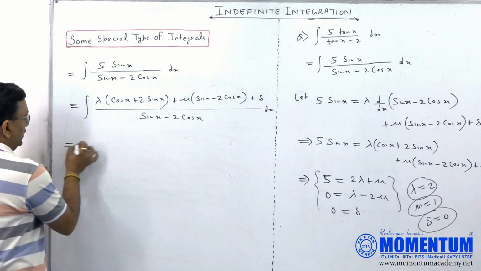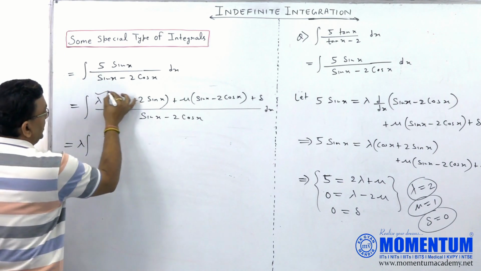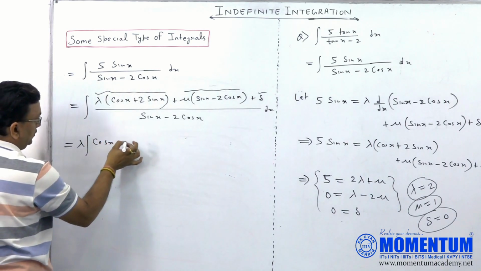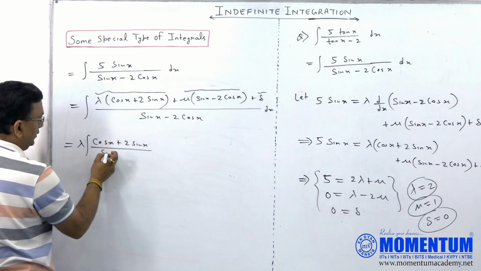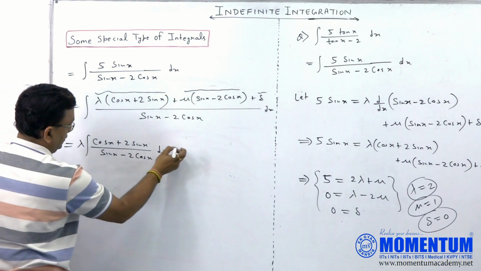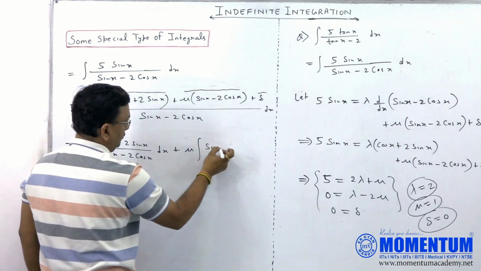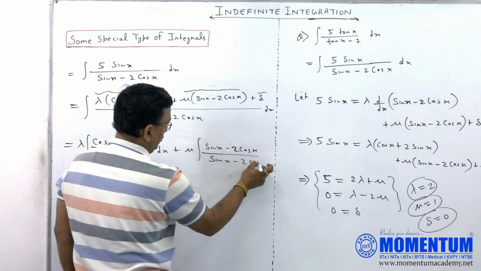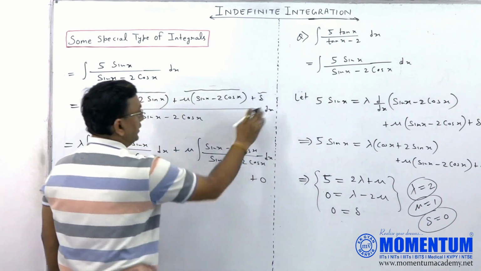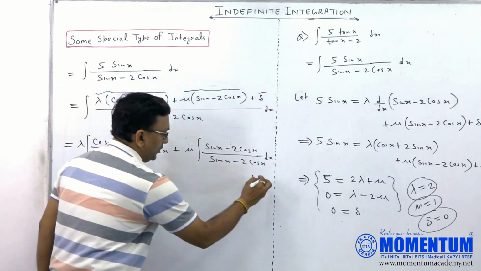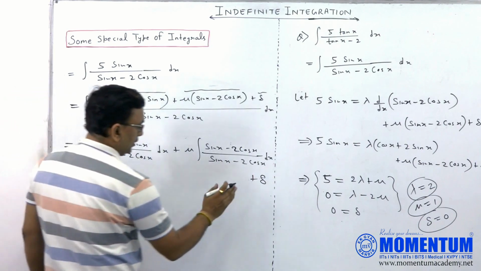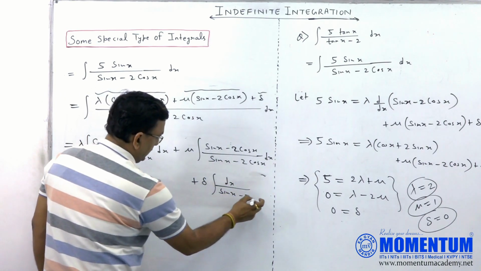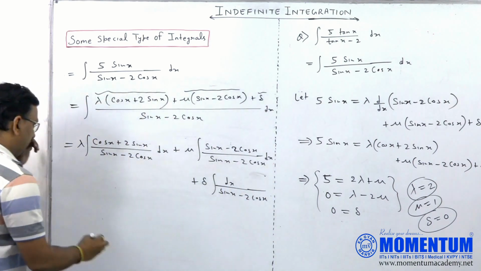Now, I am separating the integral in 3 parts: lambda times integration of cos plus 2 sin divided by sin minus 2 cos, plus mu times integration of sin minus 2 cos divided by sin minus 2 cos, and the third term is delta times dx upon sin minus 2 cos, which is clearly 0 because delta is 0.